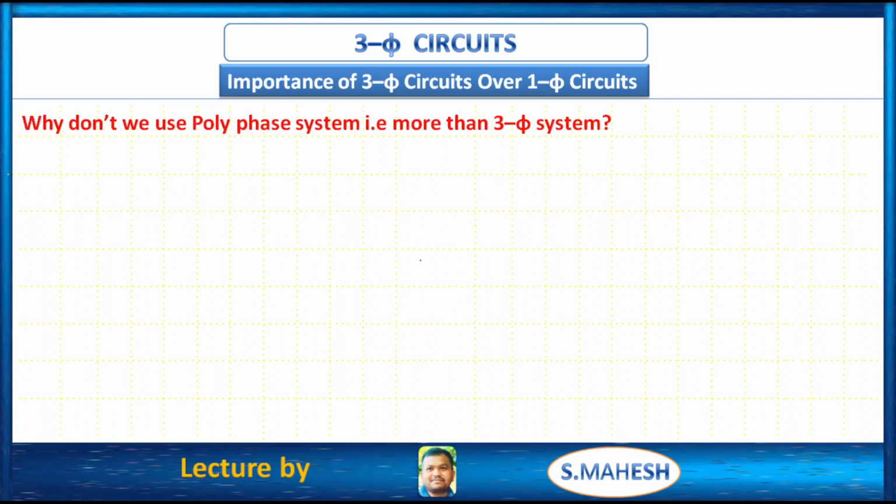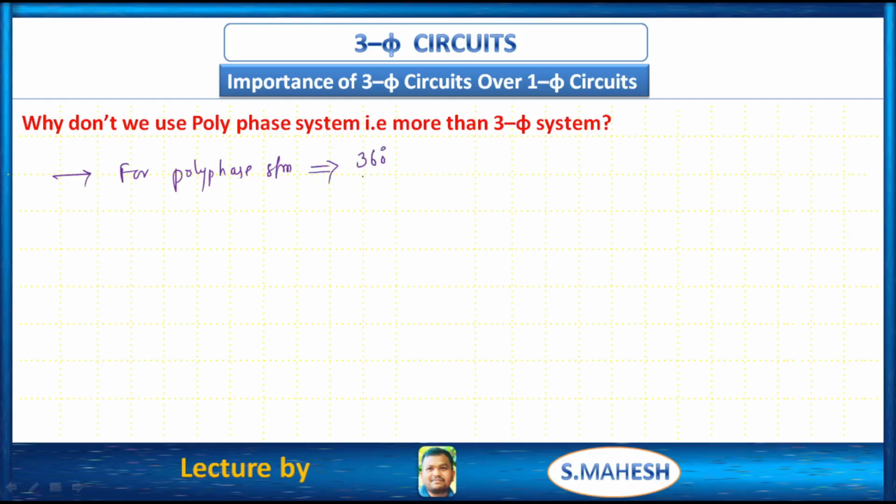Next, why don't we use a polyphase system, that is, more than 3 phase system? For example, for a polyphase system we have what? How many degrees over a full cycle?